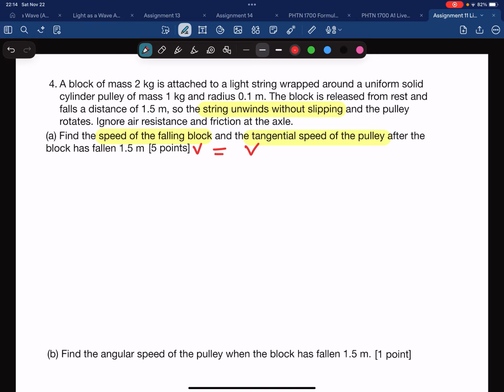Setting this equation up, I have some gravitational potential energy, mgh, initially. The block will be moving at the end, and the cylinder will be spinning. So I have translational kinetic energy and rotational kinetic energy of the block and the cylinder respectively.